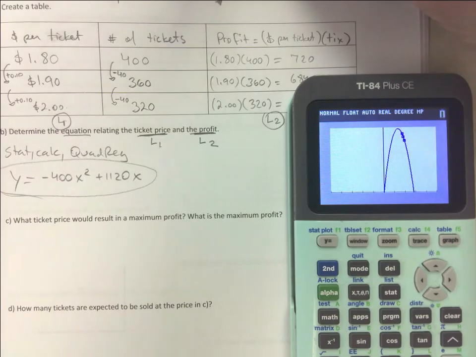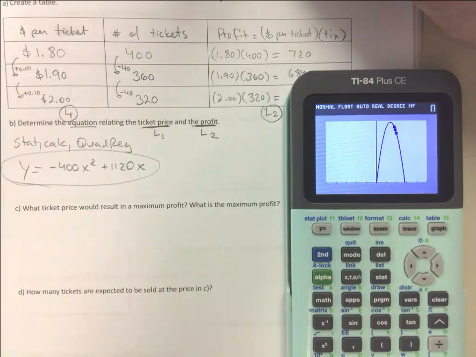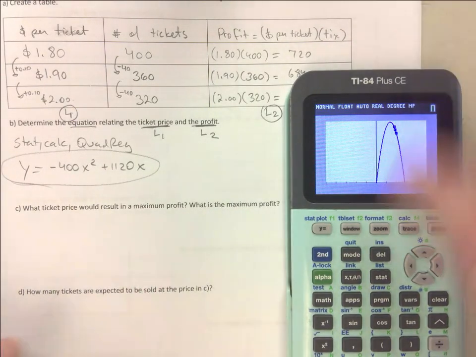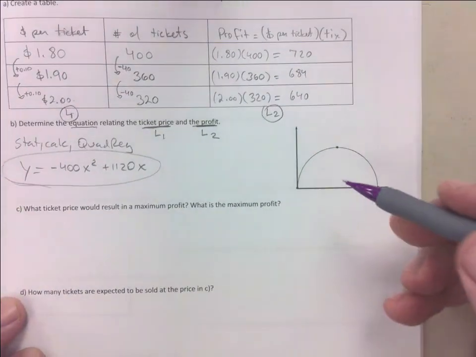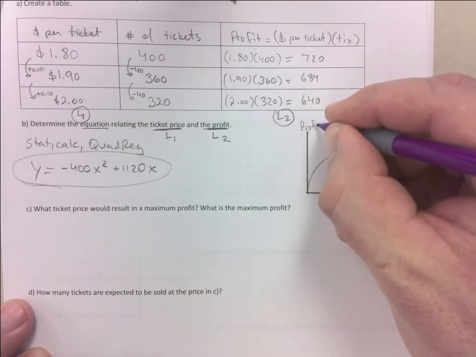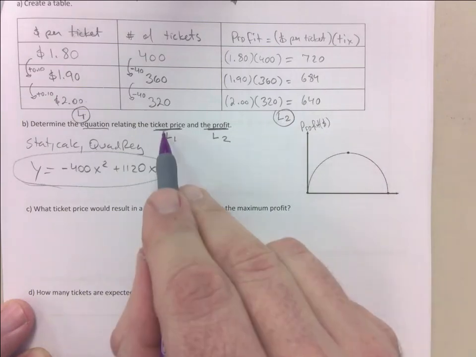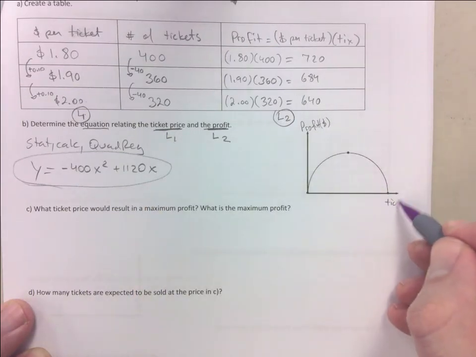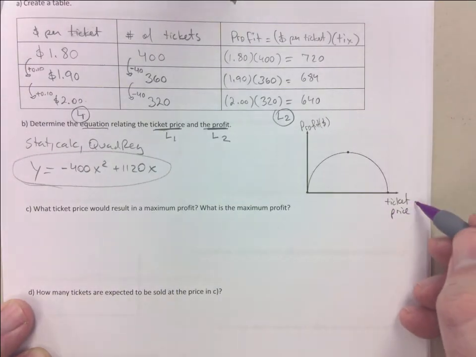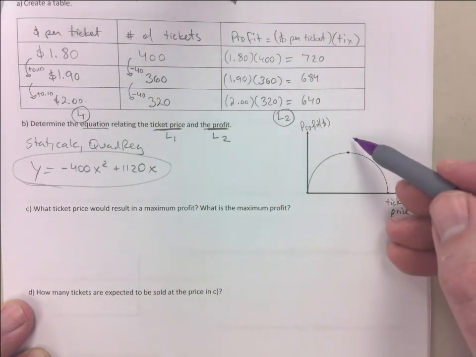What ticket price would result in the maximum profit? What is the maximum profit? And remember, I made this graph here for you. This is profit in dollars. And right now, because we put ticket price, this is ticket price, also in dollars. And guess what?